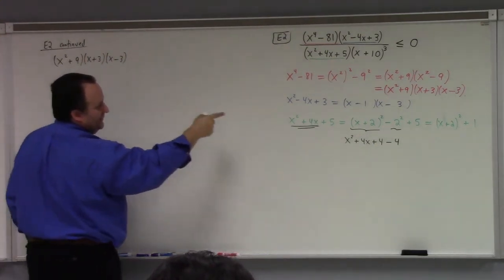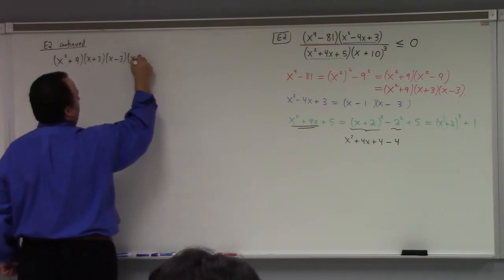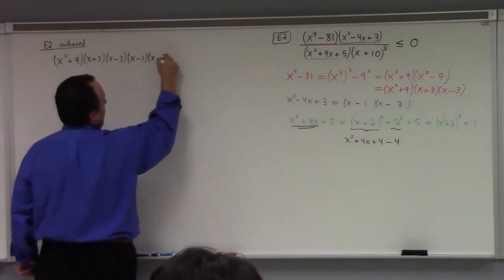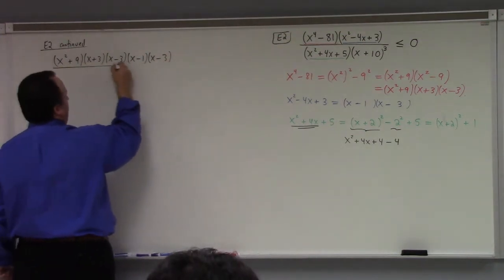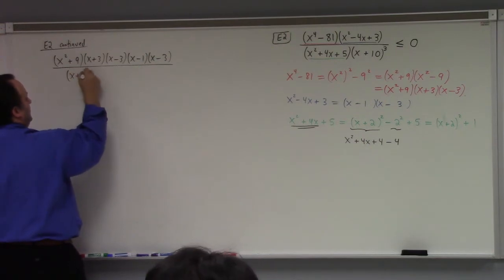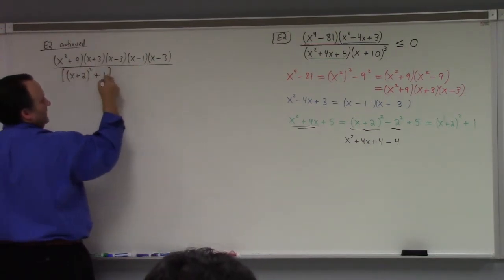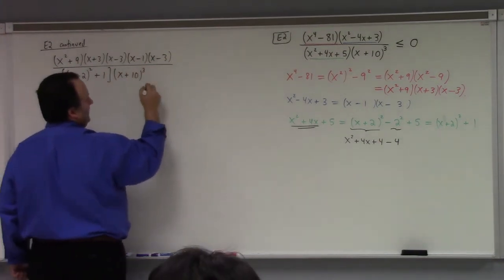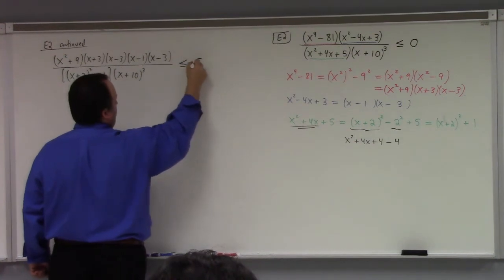And then what was that one? x minus 1, x minus 3, right? All divided by what? (x plus 2) quantity squared plus 1, and then (x plus 10) cubed, right? We want that to be less than or equal to 0.